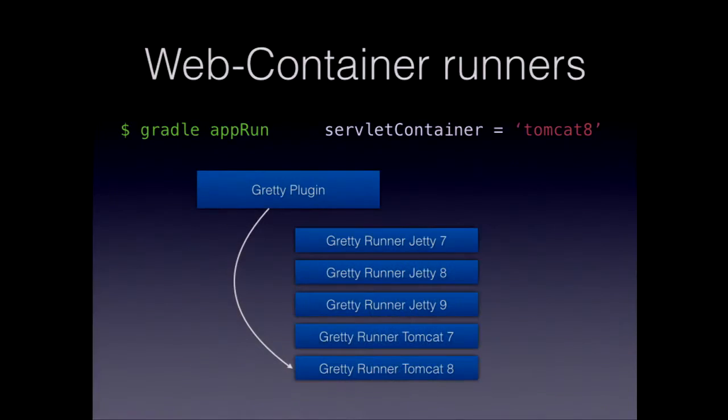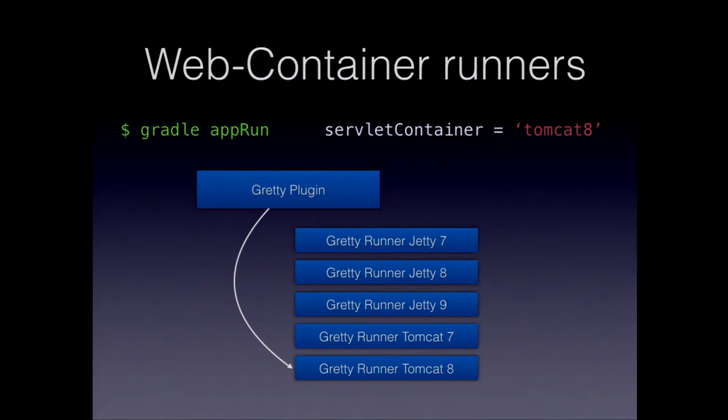So it's that simple only on the surface. In the background, a lot of things happen. And Gretty was done with a special architecture to enable this servlet container switching. Particularly, I separated the Gretty plugin from so-called Gretty runners. The Gretty plugin provides you with DSL and tasks.